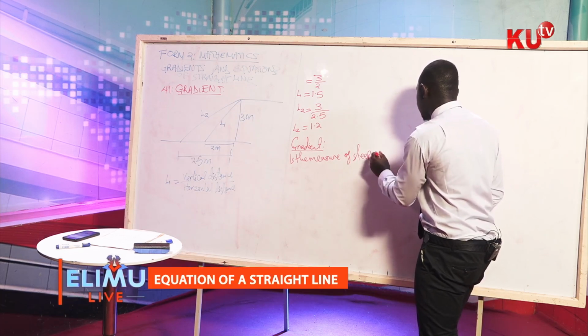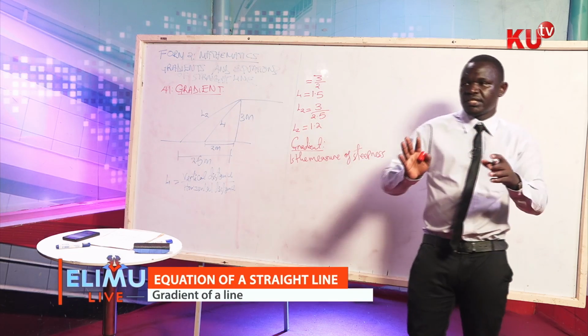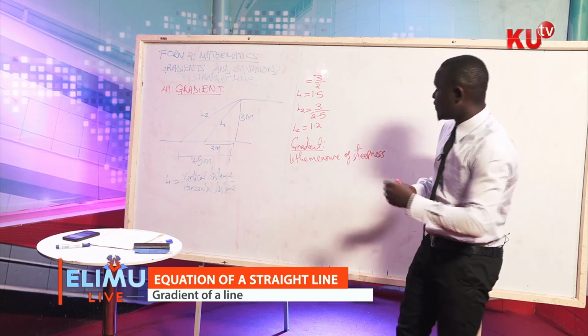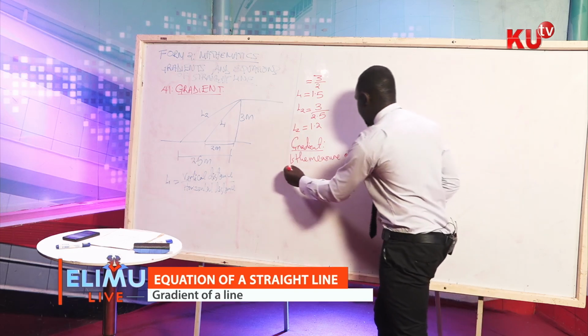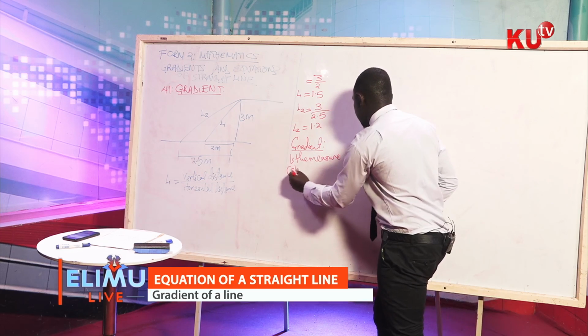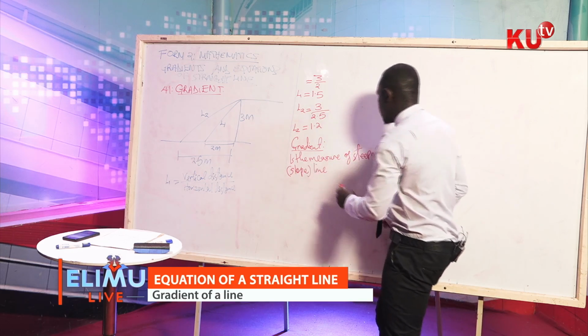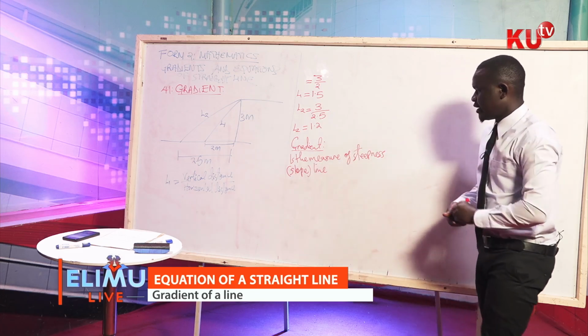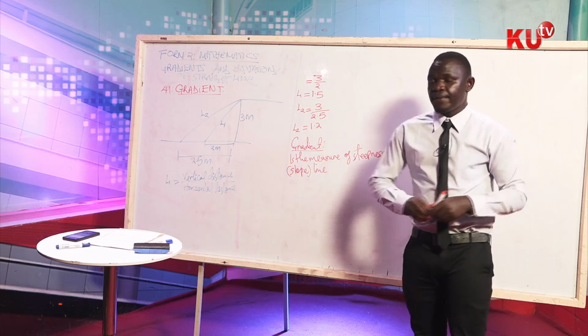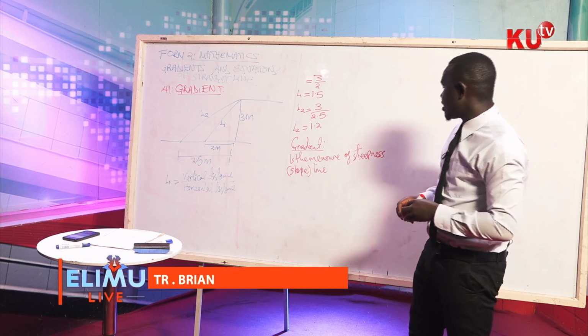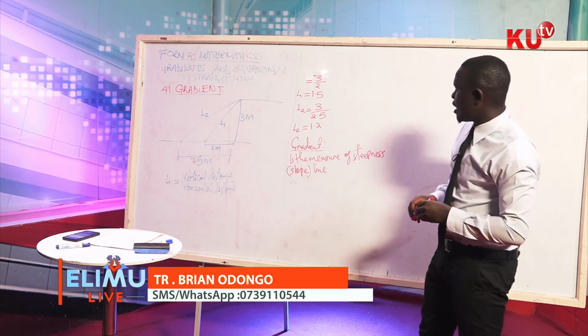When you talk about this steepness, in some books, you will find it being talked about as the slope. So it can be called steepness or, in brackets, slope of a line. So gradient is simply the measure of the steepness or the slope of a line.